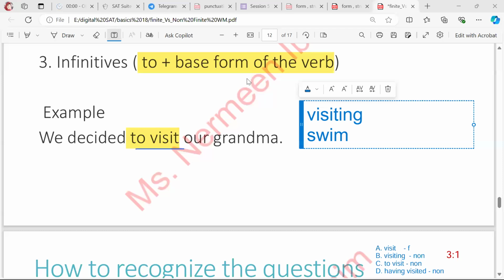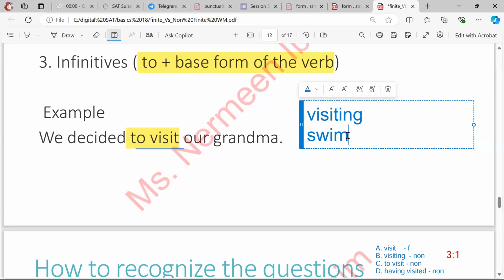Malak isn't available. Let's go for Yasmin. Jasmine? Teacher, yes, dear. Do you think that swim is finite or non-finite? I actually think it's finite. Do you know why? Yes, because it doesn't have ing.